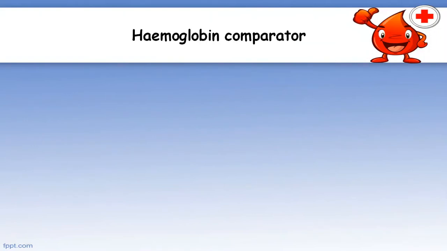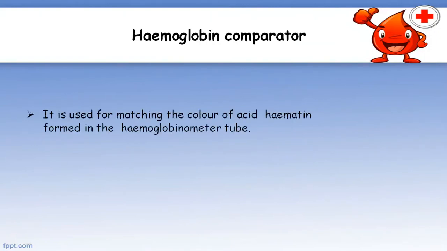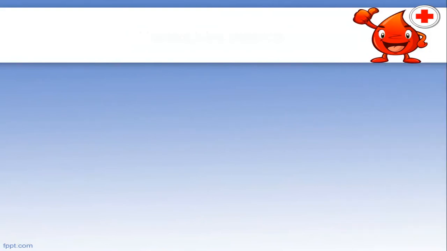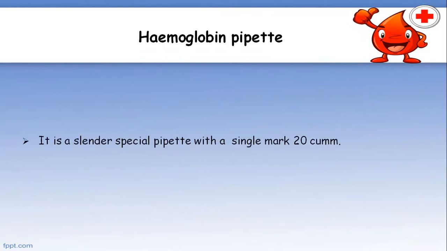Hemoglobin comparator. It is used for matching the color of acid hematin formed in the hemoglobinometer tube. Now see, these are the comparators. Both sides have matching colors. Hemoglobin pipette.